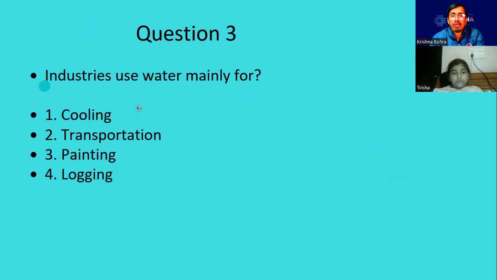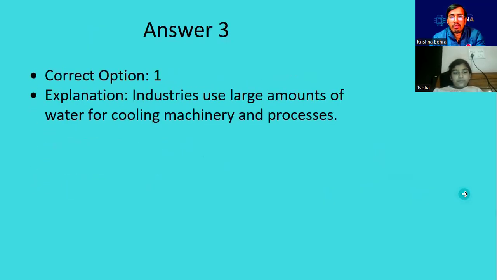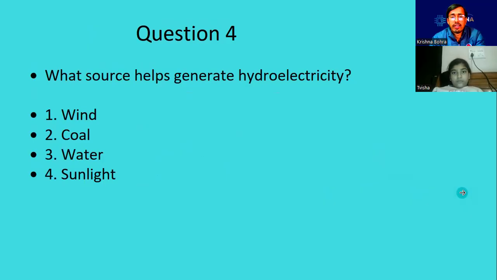It says industries use water mainly for cooling, transportation, painting, and logging. Option 1, cooling. You are absolutely correct. We have discussed this, especially in reference to the data centers in modern-day technology.